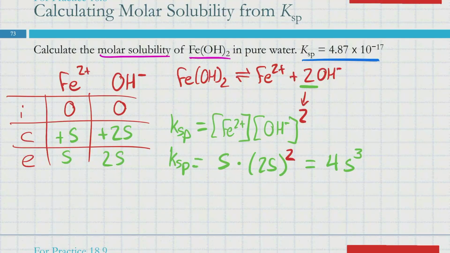Skipping a little bit of the algebra, S cubed equals Ksp over 4. And we can undo the cube with a cube root. So S is equal to the cube root of Ksp over 4.